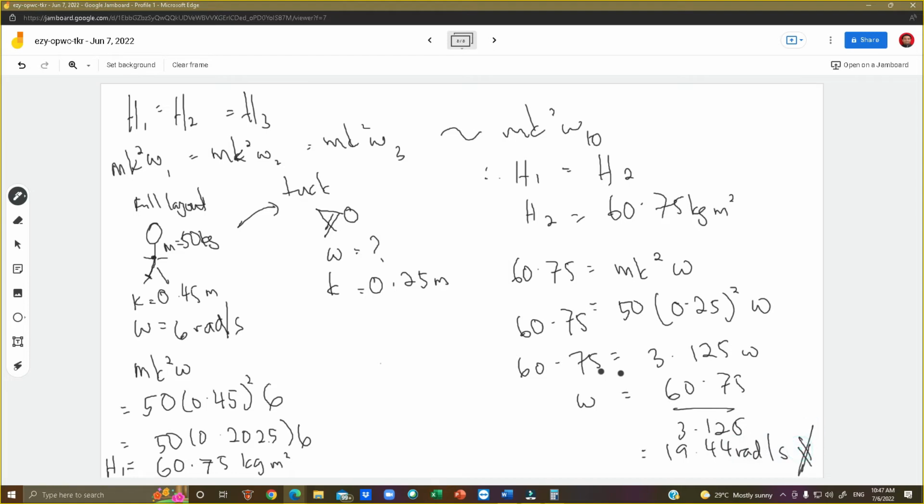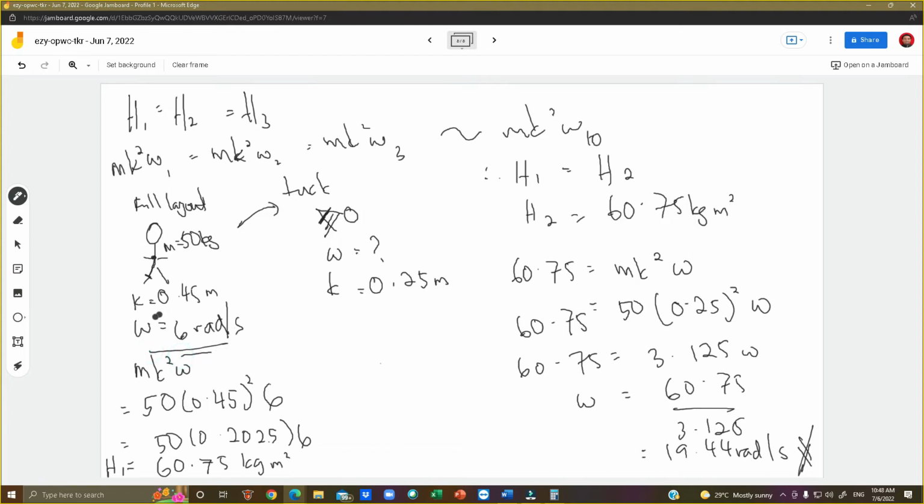So if you take a look here, during the full layout, the radius of gyration is longer compared to here. Okay, the radius of gyration layout longer than radius of gyration tucking. Since ini lagi besar radius of gyration, velocity will be lesser. So you know that when the radius of gyration reduce, the velocity is going to be larger. Jadi kita dapat jawapan yang betul lah.